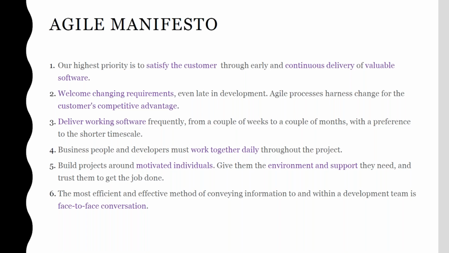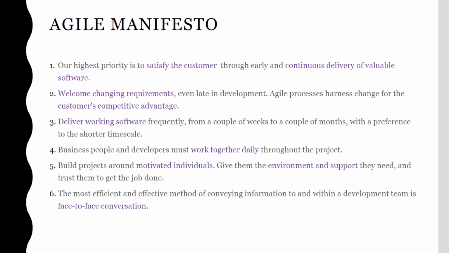Always we have to make sure that when we have delivered the software, the customer is satisfied. Continuous delivery of valuable software. What is meant by valuable software? Whatever software we have delivered to the client should be useful to the client for his business. That adds value to the business. So that is called valuable software.